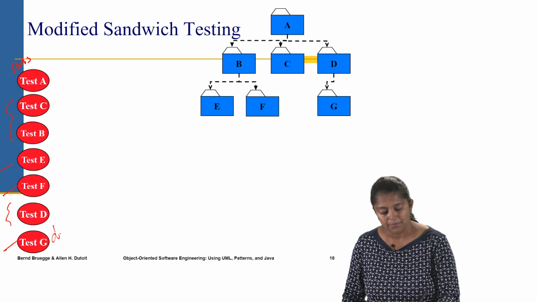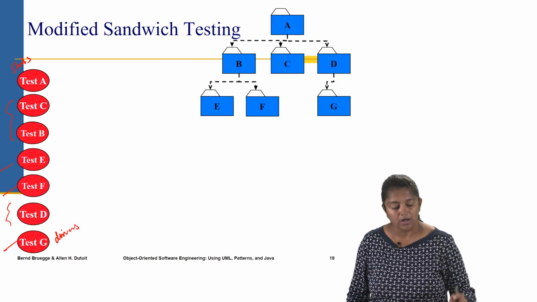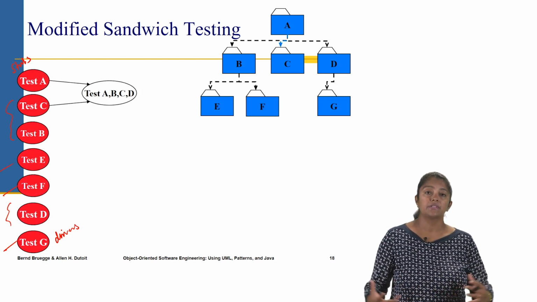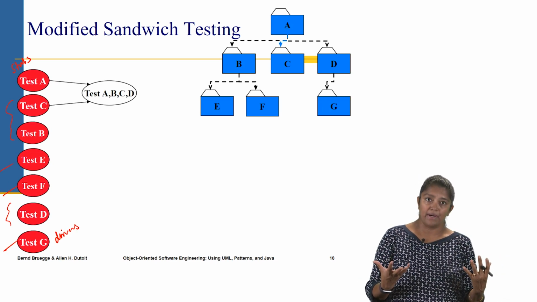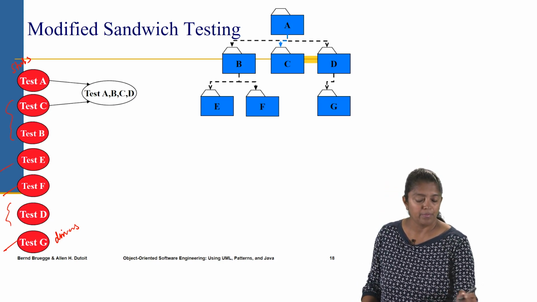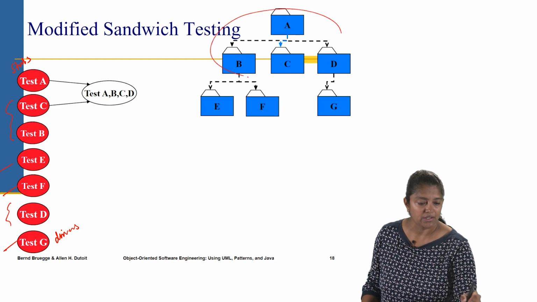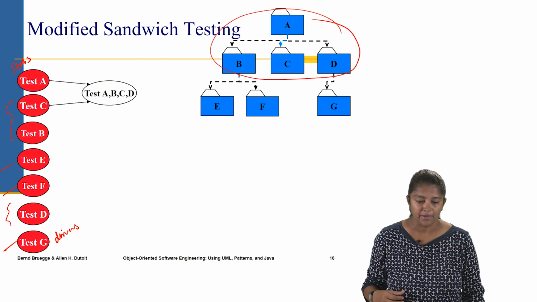Once that's done, we replace the drivers and stubs of the middle layer with the actual systems. So we put A, B, C, D together, connecting the upper layer with the middle layer.